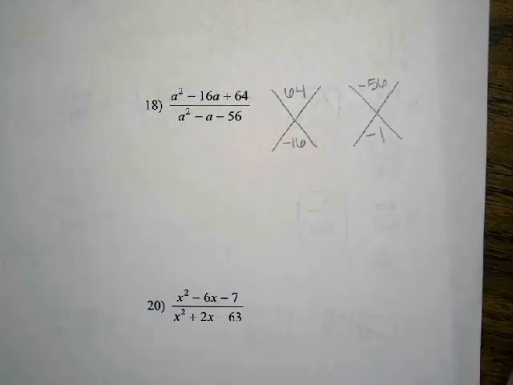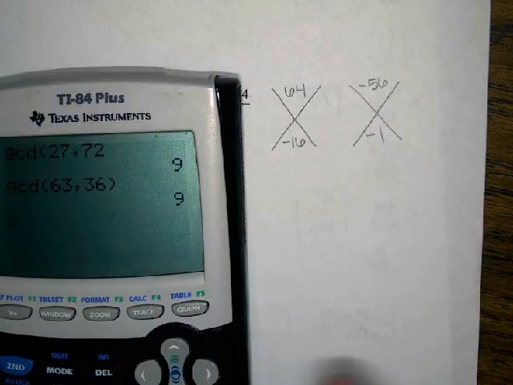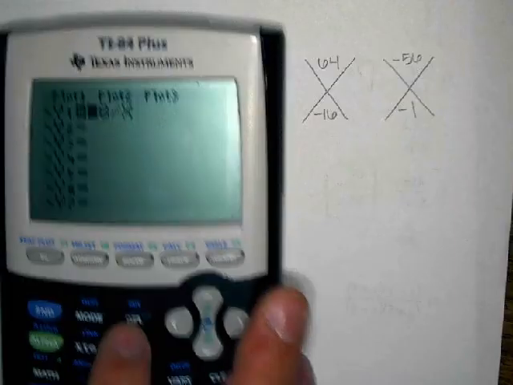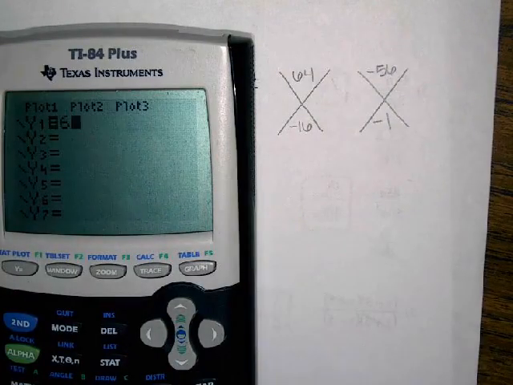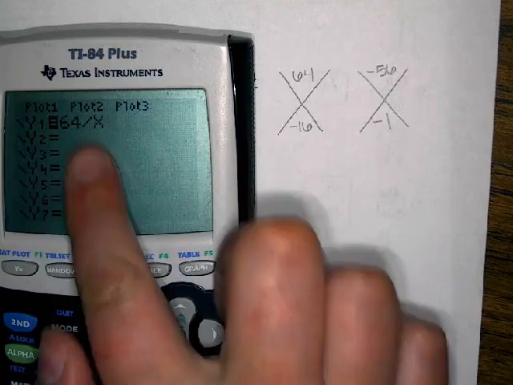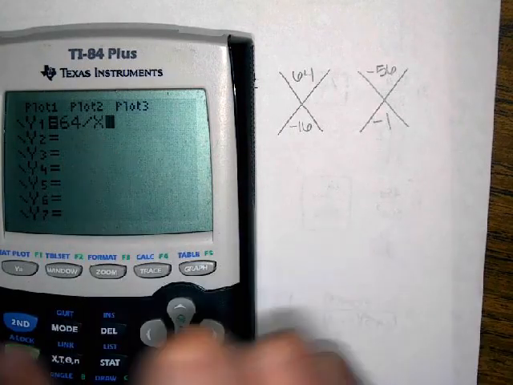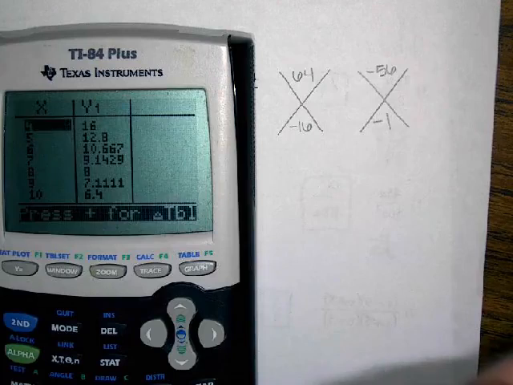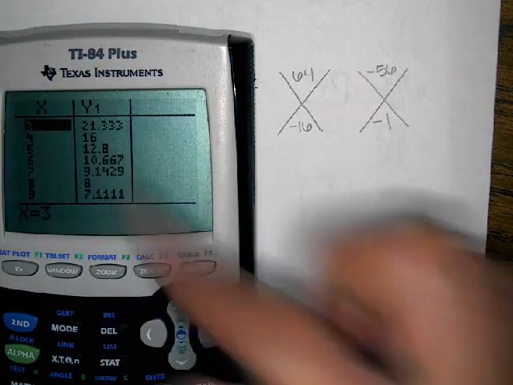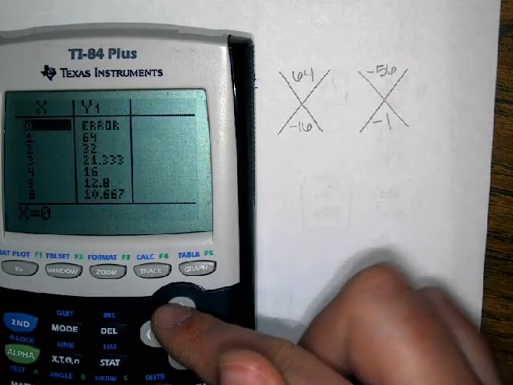Multiply to 64, add to negative 16. So I'm going to do 64 divided by x. We're adding to a negative, so I'm going to go over to the negative side. Adding to negative 16.